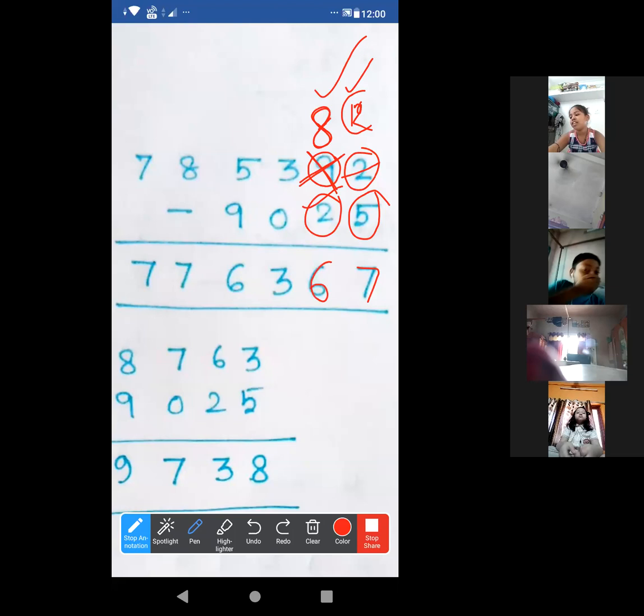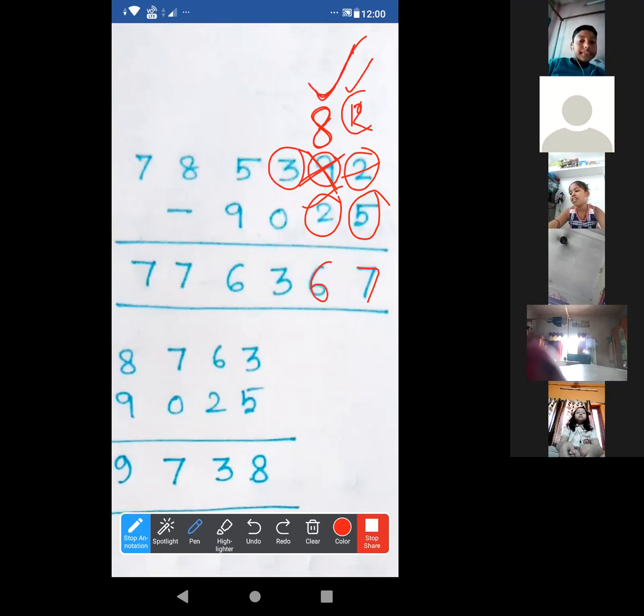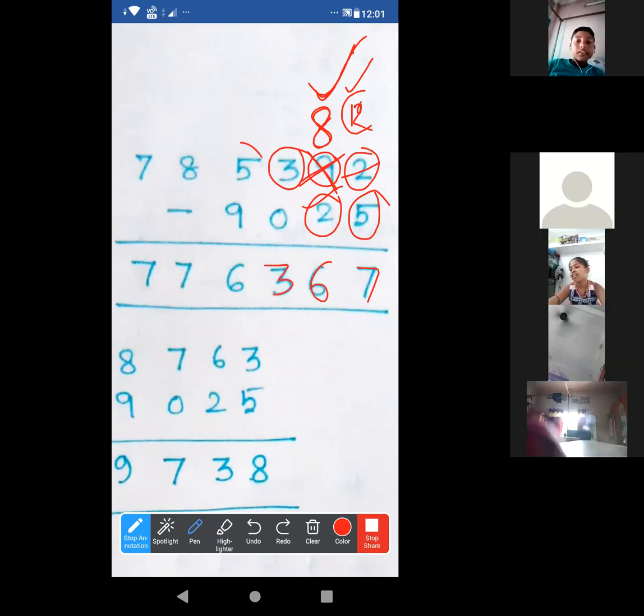Now look, we have not borrowed anything from this 3, because 8 remains 8. So just normal subtraction, 0 and this one 3. It will be 3. Now again we have to consider this one as 15. From where have we borrowed 1? From this 8.